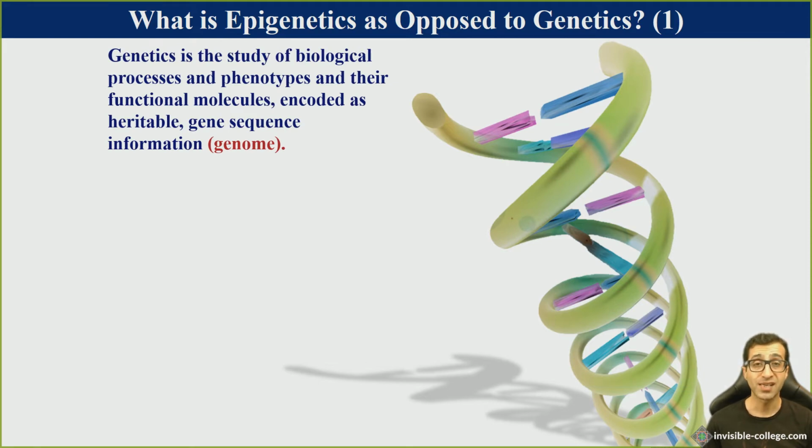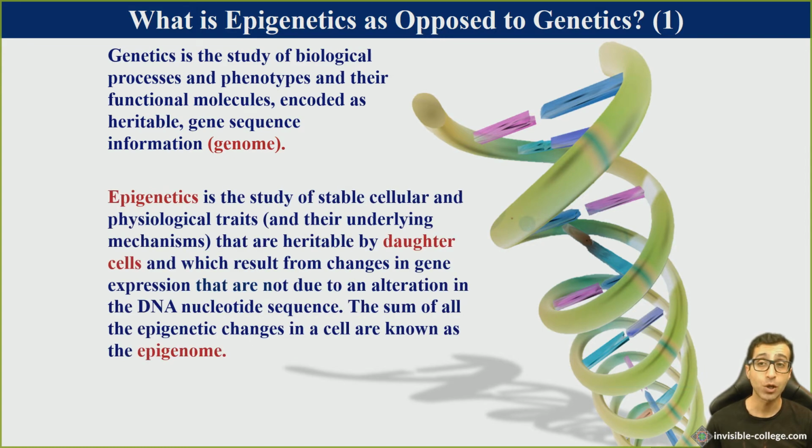In contrast, epigenetics is the study of stable cellular and physiological traits and their underlying mechanisms, which are heritable by daughter cells and which result from changes in gene expression that are not due to alterations in the DNA nucleotide sequence. The sum of all of these epigenetic changes in a cell is referred to as the epigenome, in contrast to the genome.